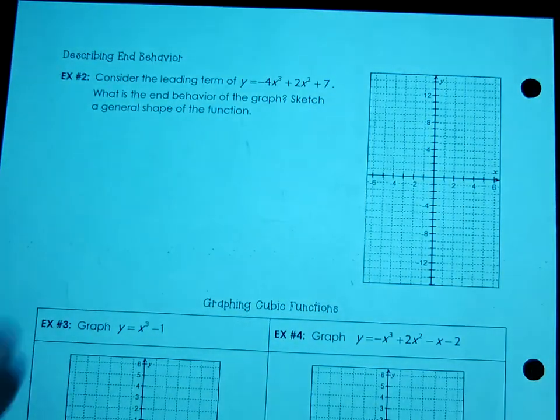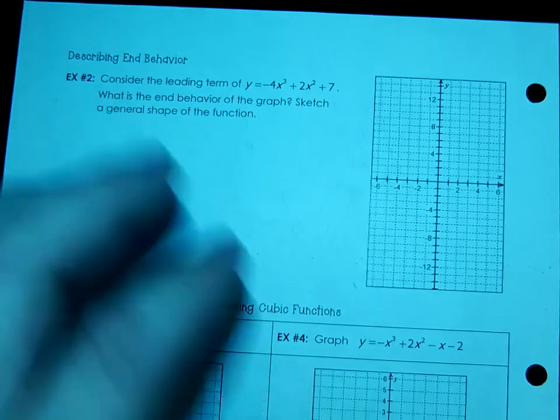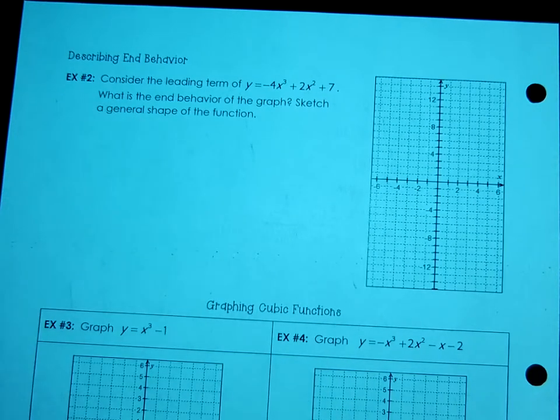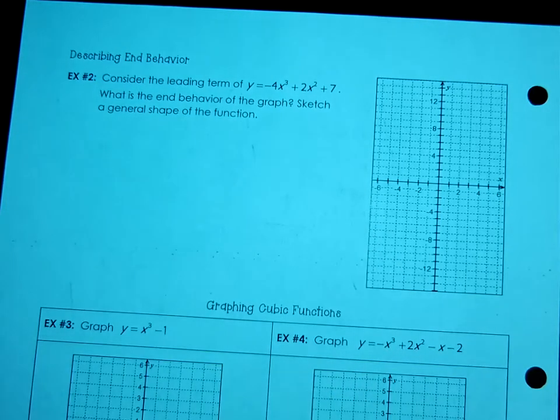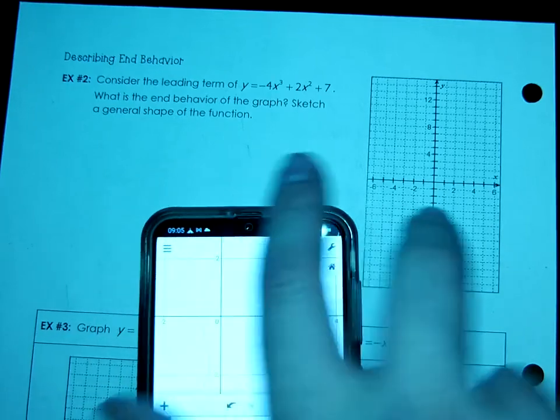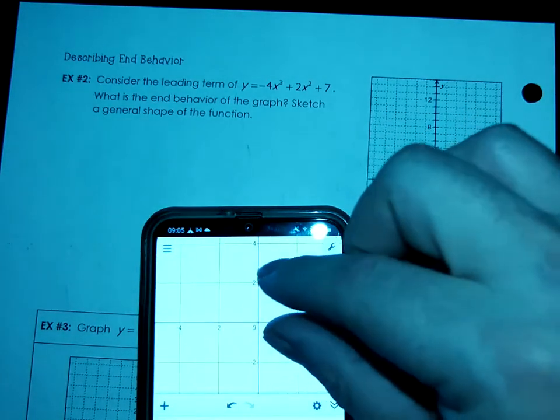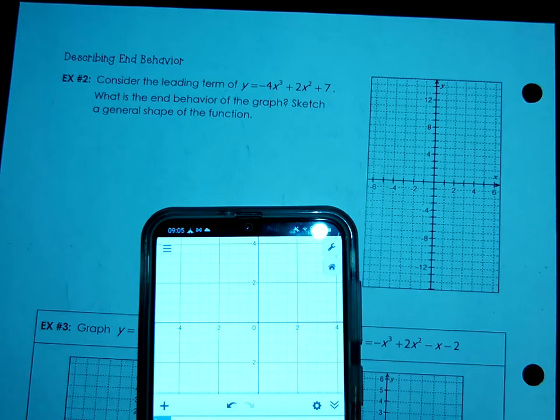Alright, so to consider this, what does it say? Consider the leading term. What is the end behavior of the graph? Sketch the graph. So what I expect you to do here again is just graph this. I would not expect you to do this without a picture of the graph sitting in front of you. So you would literally type this in.